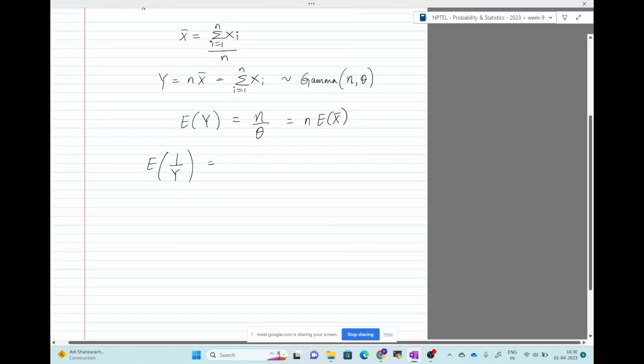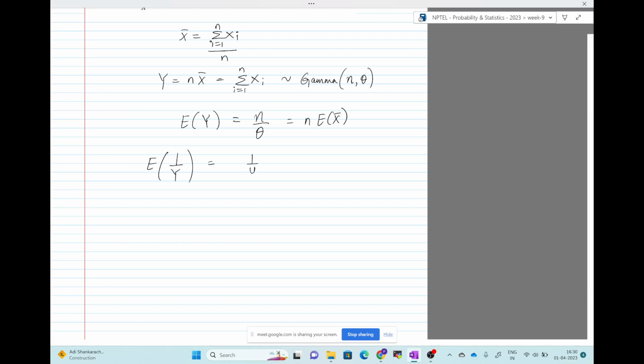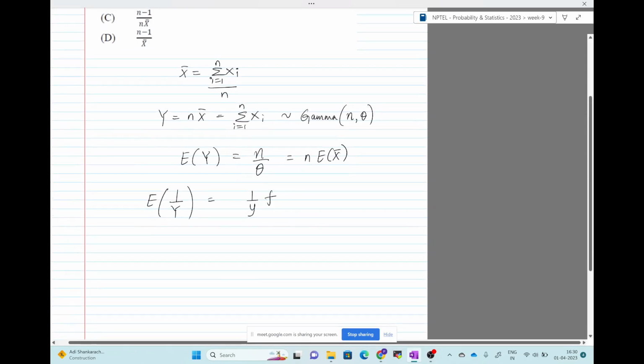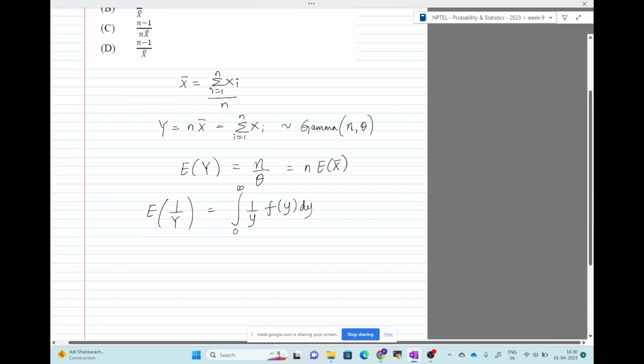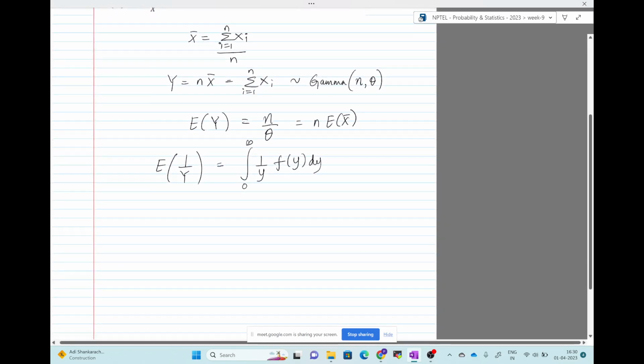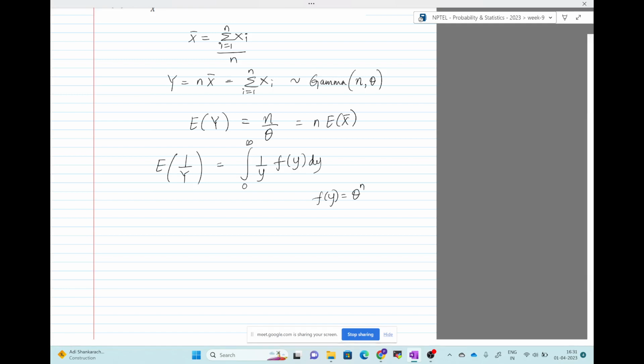So can someone tell me the PDF of gamma distribution? So f of y is equal to theta power n, y power n minus 1, e power minus lambda y, divided by gamma n.